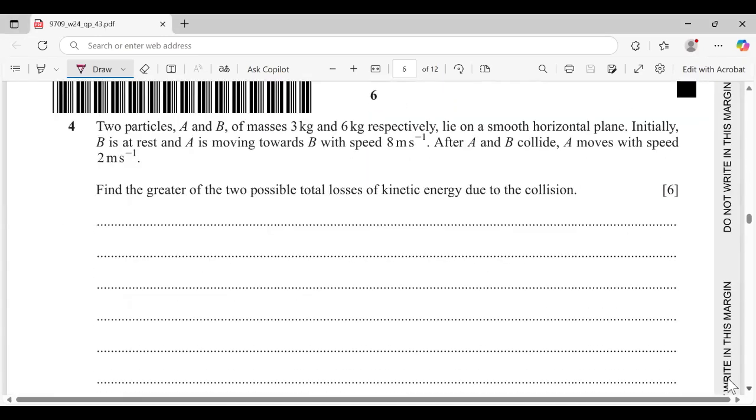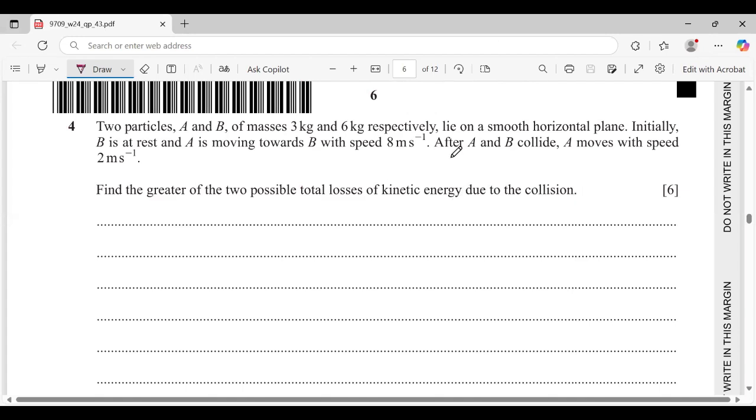Next question, number 4. Two particles A and B of mass 3 kilograms and 6 kilograms respectively lie on a smooth horizontal plane. Initially, B is at rest and A is moving towards B with speed 8 meters per second. After A and B collide, A moves with speed 2 meters per second. Find the greater of the two possible total losses of kinetic energy due to the collision.